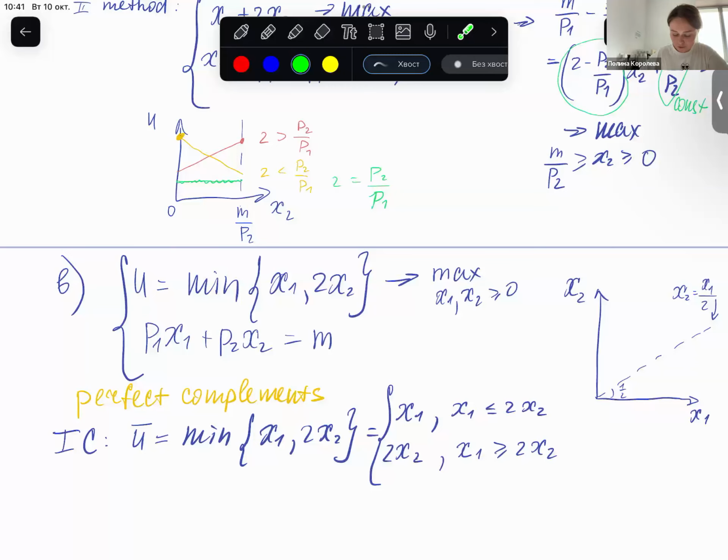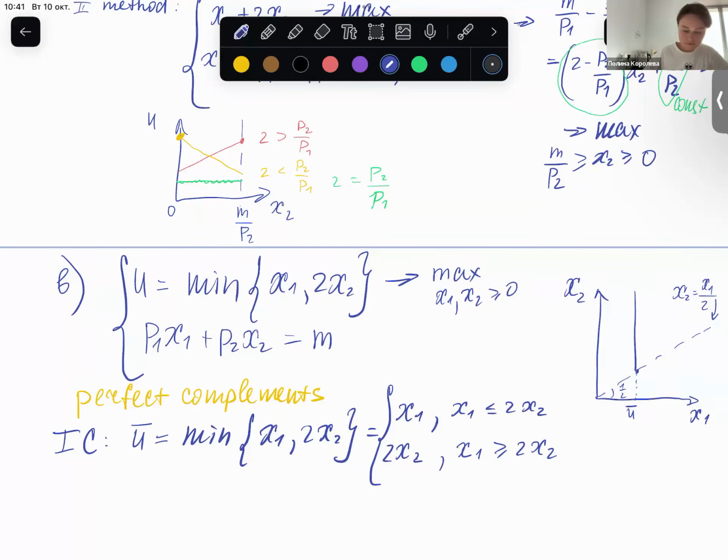Actually 100 will be bigger than 5 over 2. That's true. So we consider this point, this area. In this area, you see the utility level equals x1. So x1 equals a constant. So this is the vertical part. Some constant, and this is the vertical part.